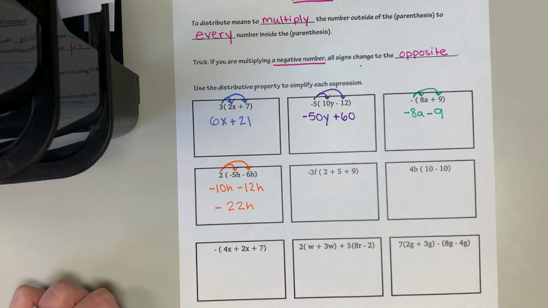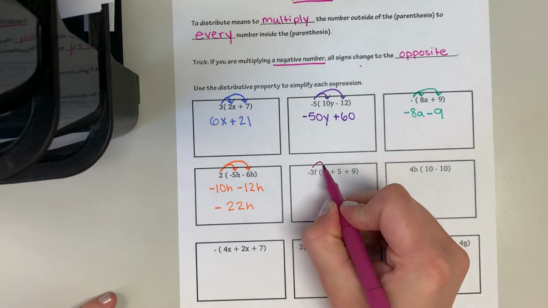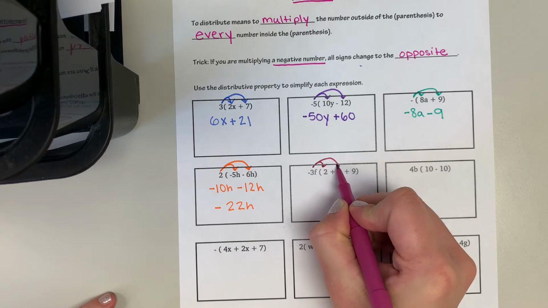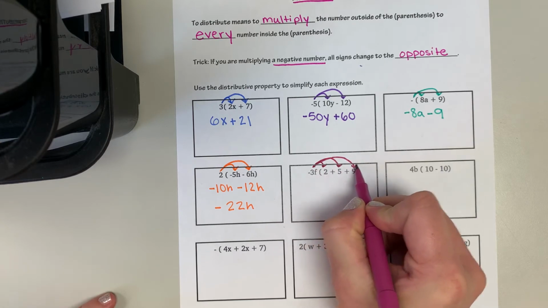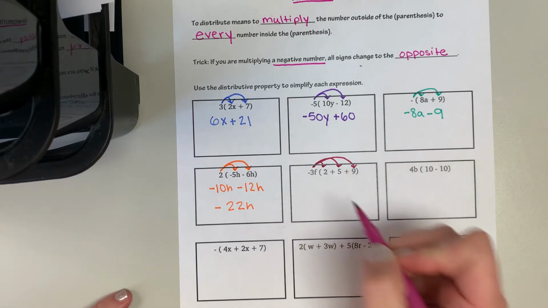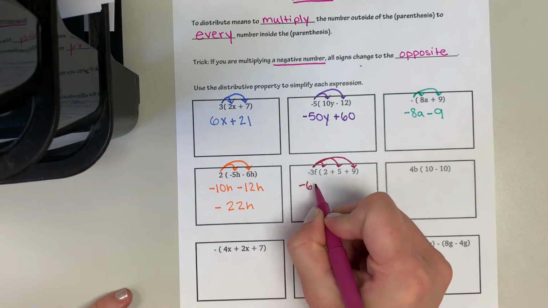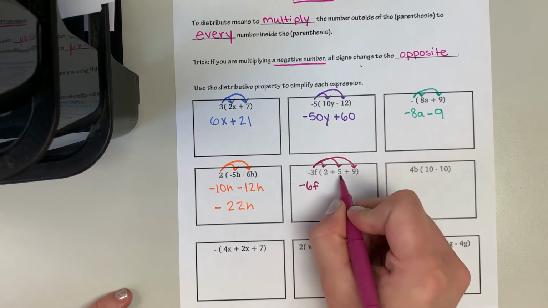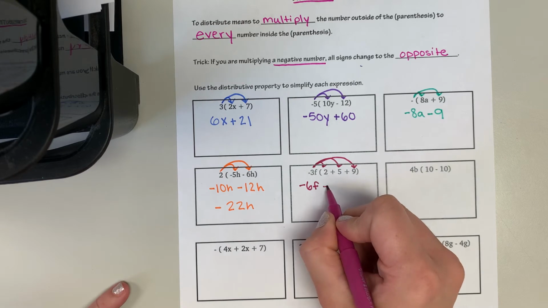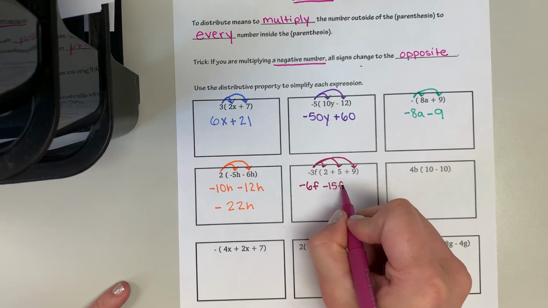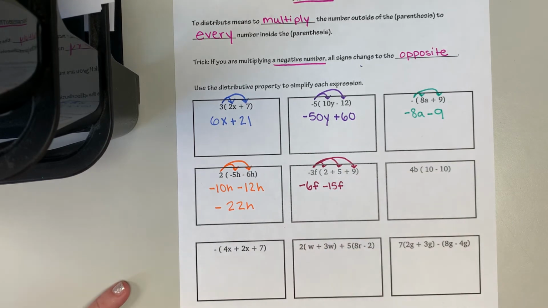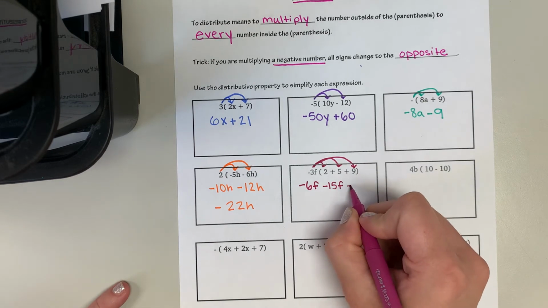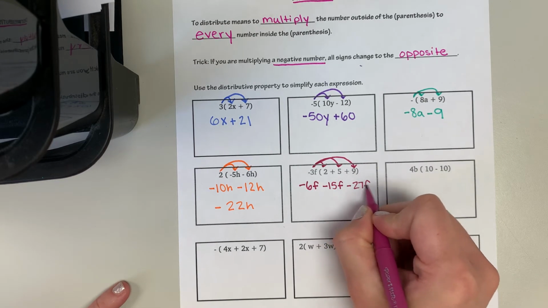Now, when you have multiple things, you still have to multiply that outside number by every single thing inside the parentheses. So that -3f is going to go there, it's going to go there, and it's going to go there. So -3f times 2, -6f, -3f times positive 5, -15f, and -3f times 9, -27f.